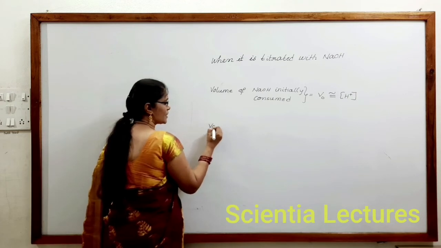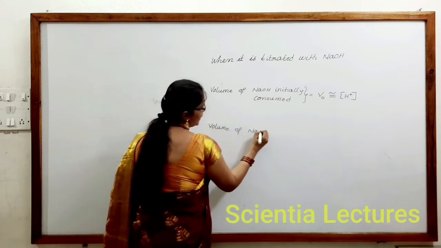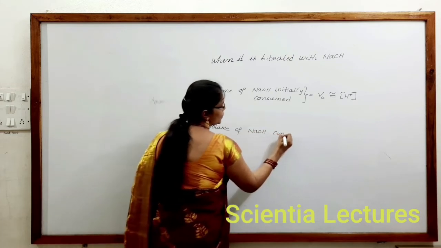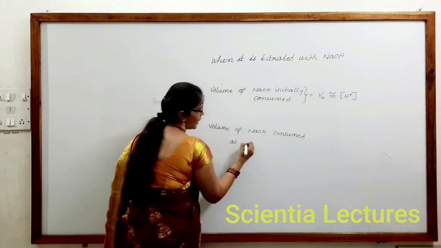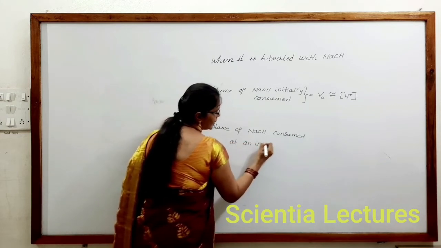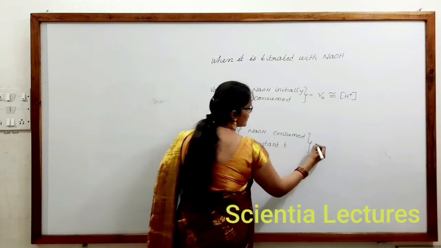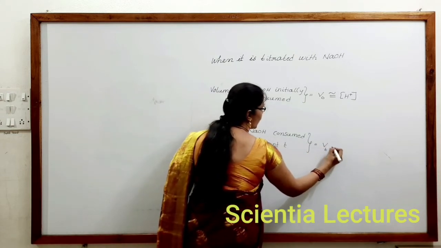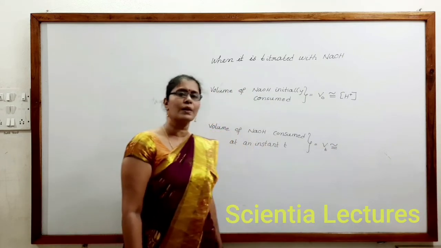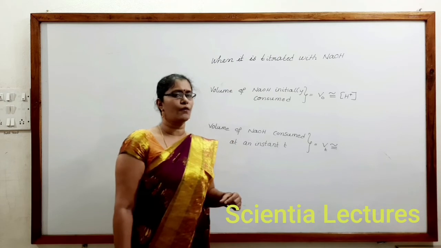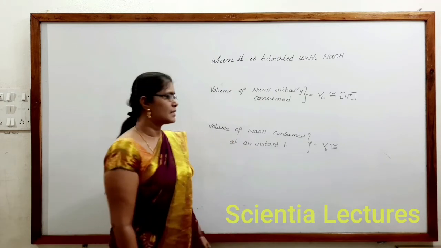Now the second information given to us is the volume of NaOH consumed at an instant T, given as Vt. They gave some volume. This is equivalent to what all the acids were present at an instant T: the same amount of H plus and X amount of CH3COOH.